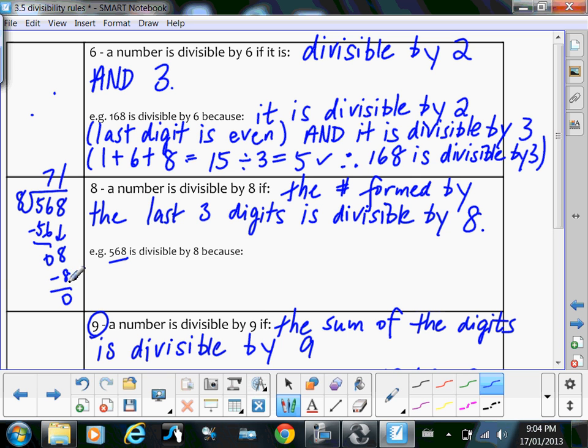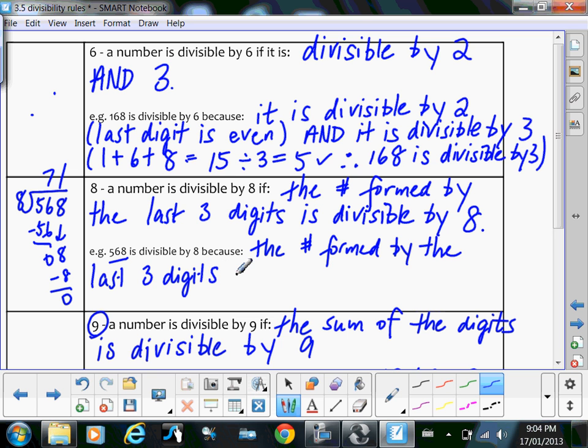So we know that the number 568 is divisible by 8 because the number formed by its 3 digits is divisible by 8.